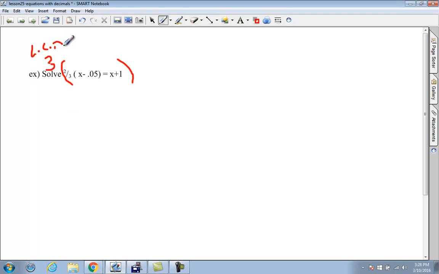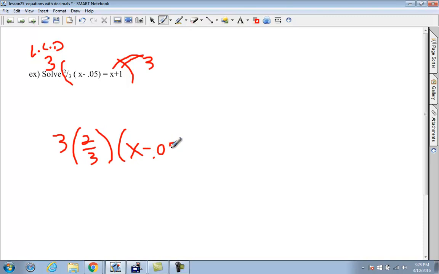So the LCD is 3. So the trick is, though, you multiply it to the left side of the equation to clear that fraction, but you multiply it to the right side of the equation as well. So what I'm getting at is you take 3 times 2/3, and then you've got your x minus 0.05, just keep that as is, equals, and then 3 times that quantity.